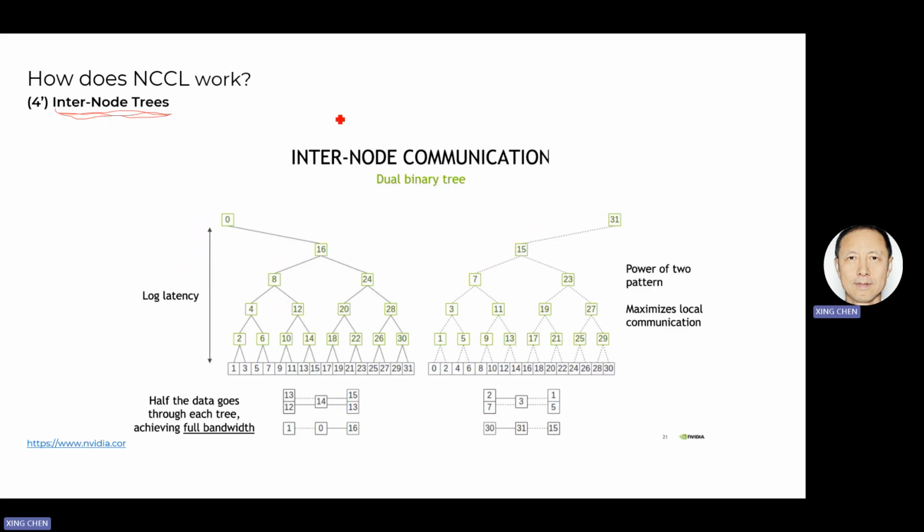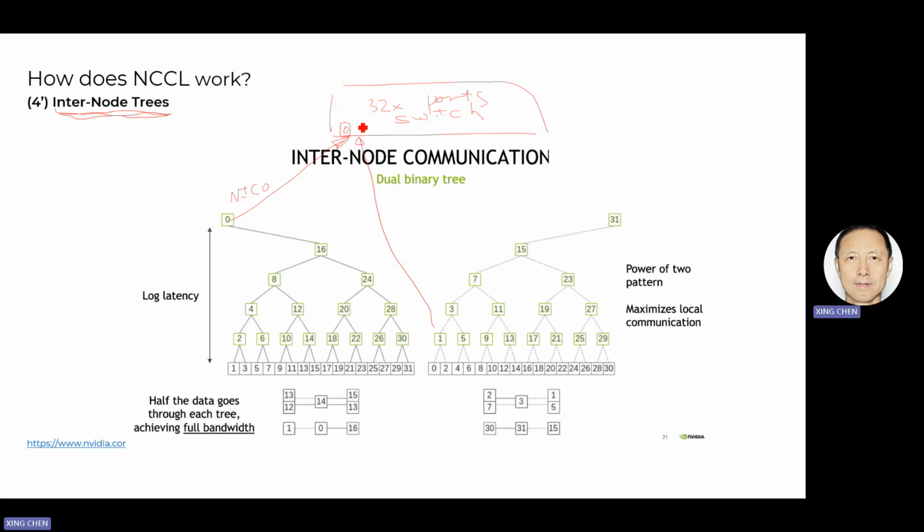If you have a 32-port switch, node 0, through its NIC 0, will be connected to the first port, which is port 0.